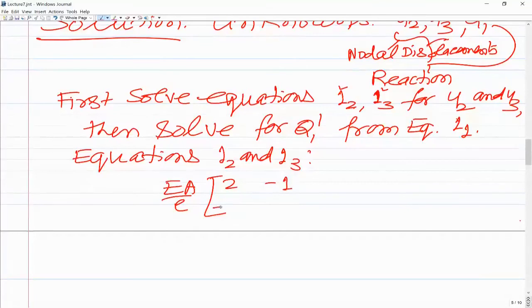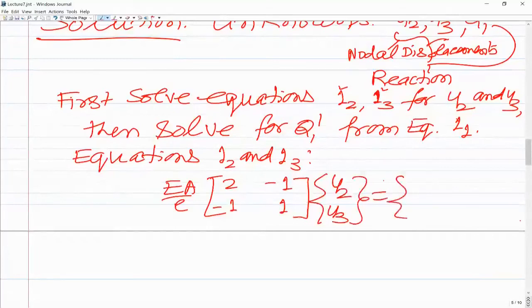Then third row second column is minus 1, and third row third column is plus 1. The unknown displacements are u2 u3, and on the right hand side you have ql, and here you have 2 and 1, because 1 plus 1 is 2, and the other terms are 0.